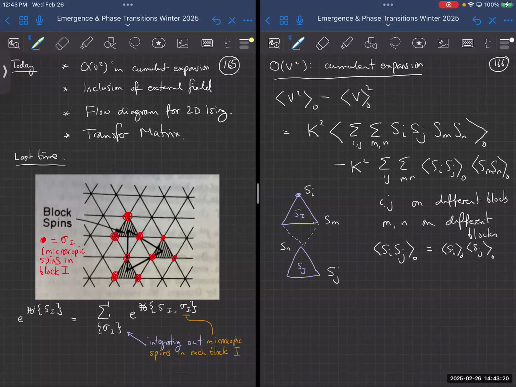And that, if they're on the same spin, that's going to be 0. So that will be 0 unless Si is in the same block as Sn, and Sj is in the same block as Sn.